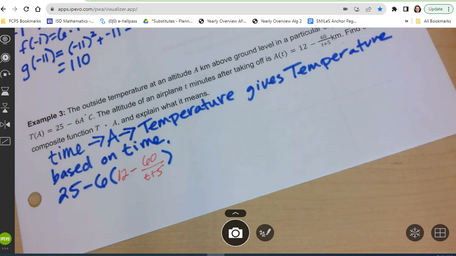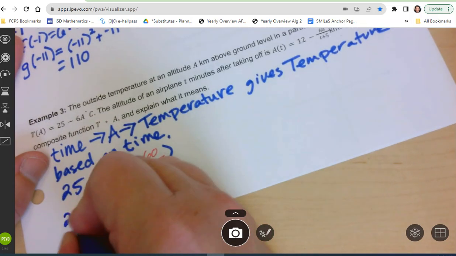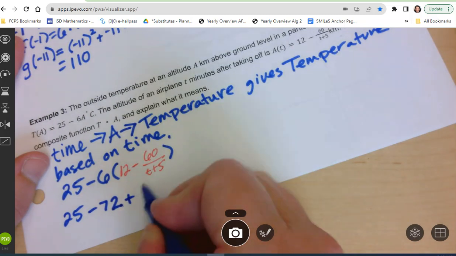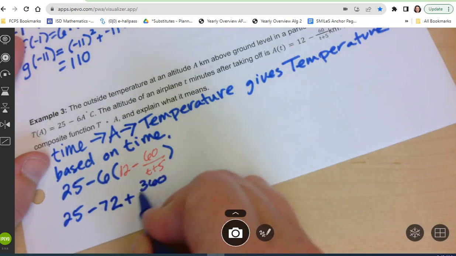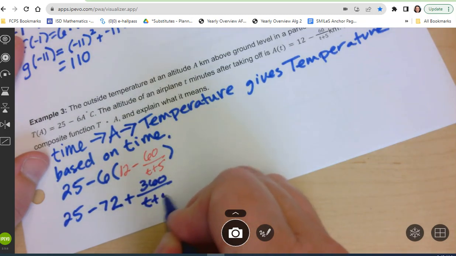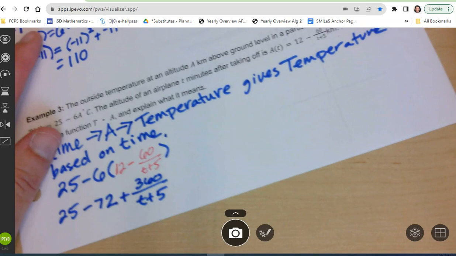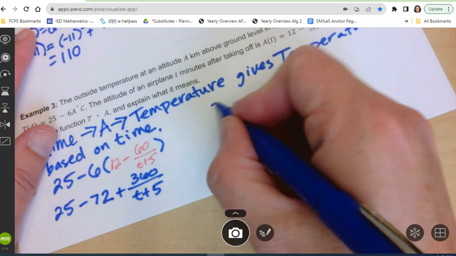Then distribute. And then combine your 25 and your negative 72.